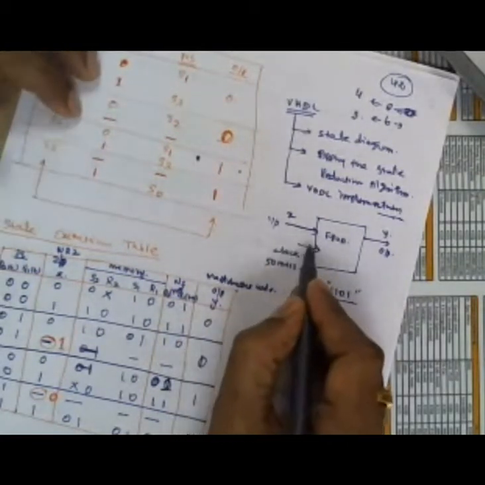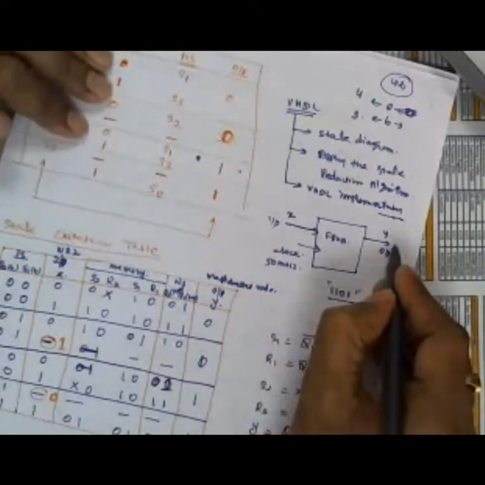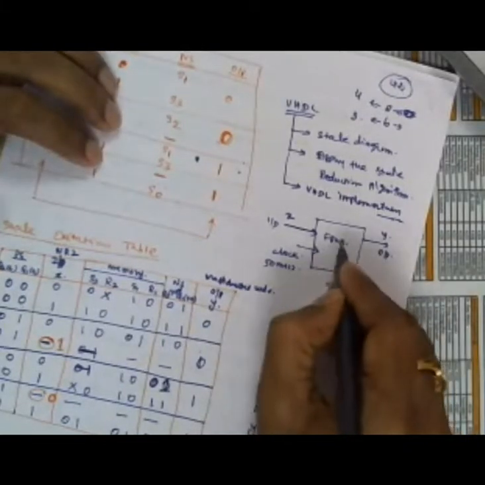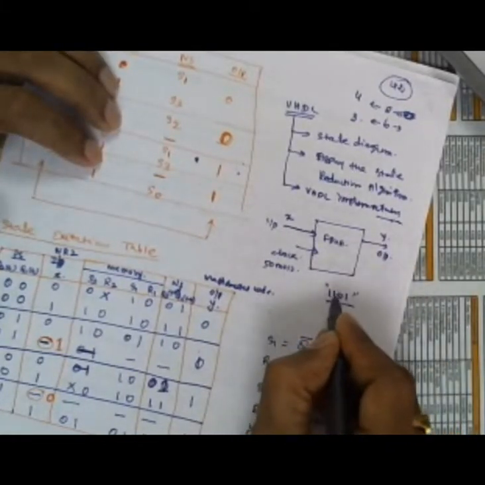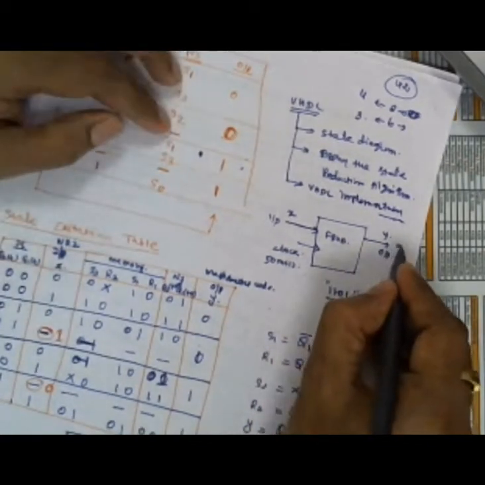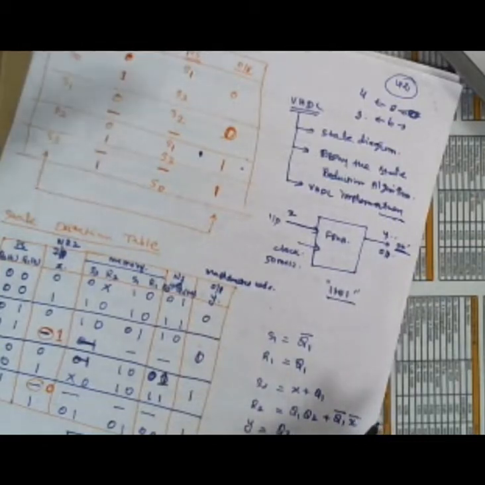As long as you are not feeding this predetermined sequence, this LED will not be on. At the moment when this FPGA receives 1101, at that instant the LED will be on. And then without overlapping, with overlapping, all those things you can test.